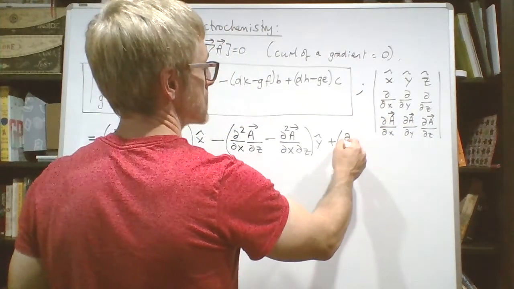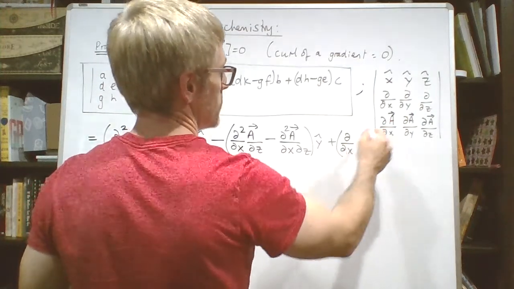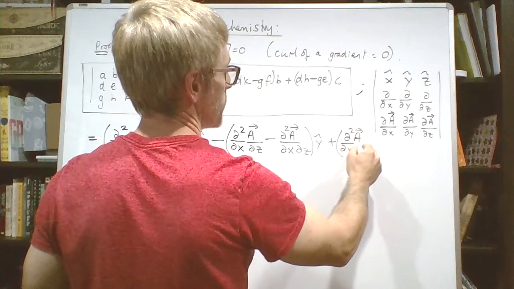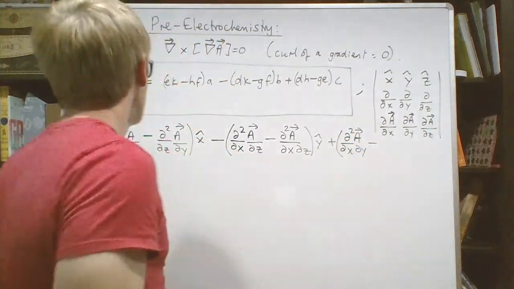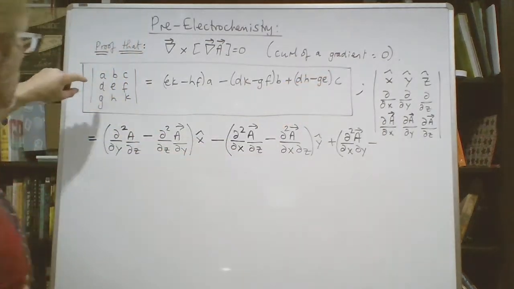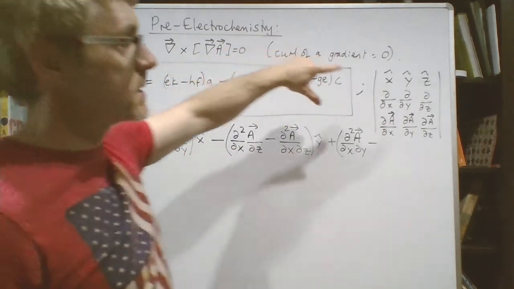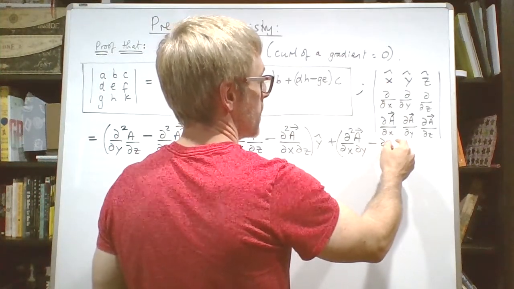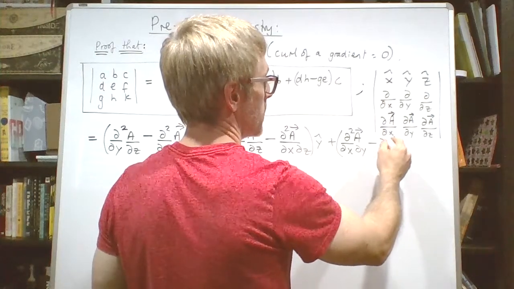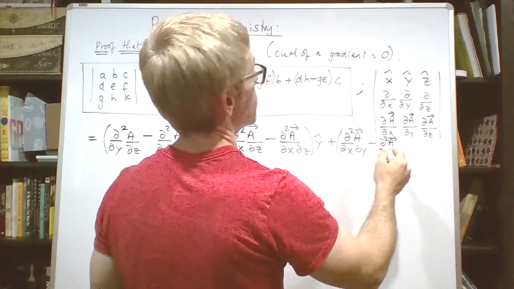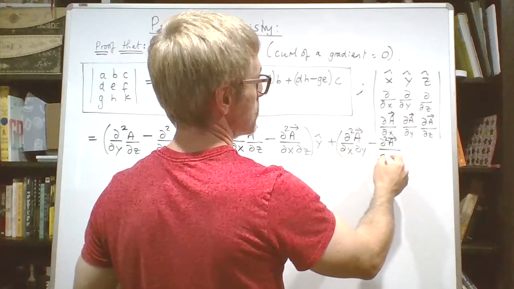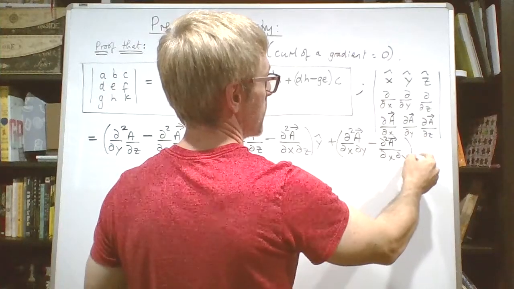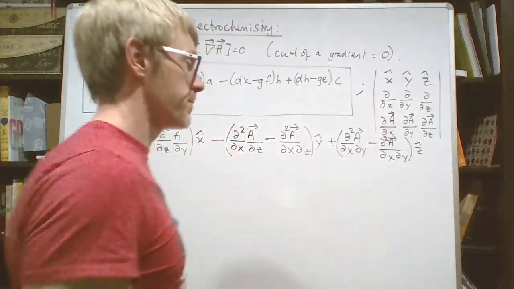So d by dx, dA by dy, minus GE, which is this one, which means it's these two, which is d squared A. So GE is that one, so dx and dy, and multiply that by z roof.